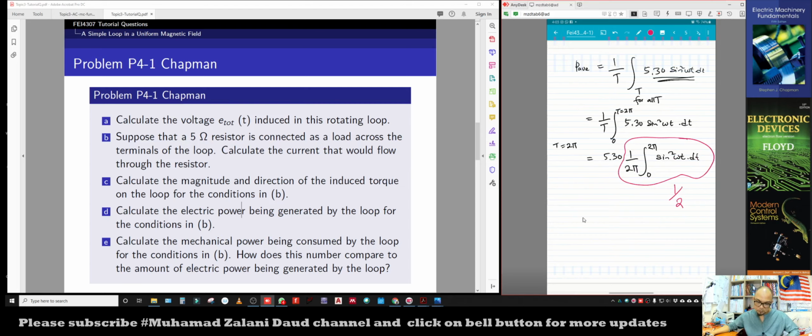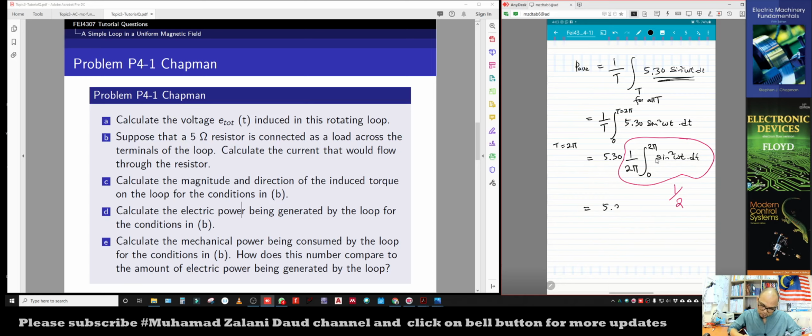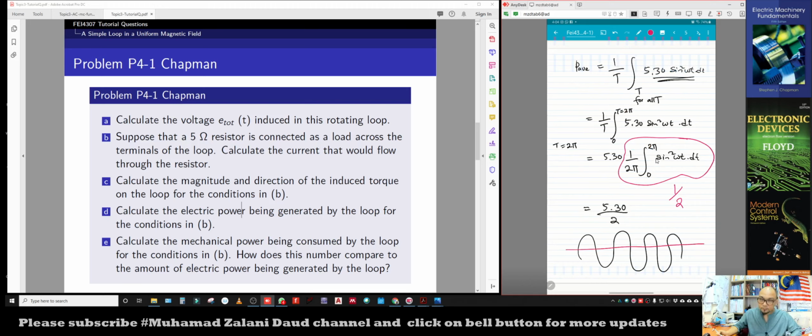So in this case, this is very similar to the previous one. This part is half, meaning that for this calculation, the average power is about half of the instantaneous power. Let's say this is the instantaneous power, and if you want to get the average power, it is supposed to be this.